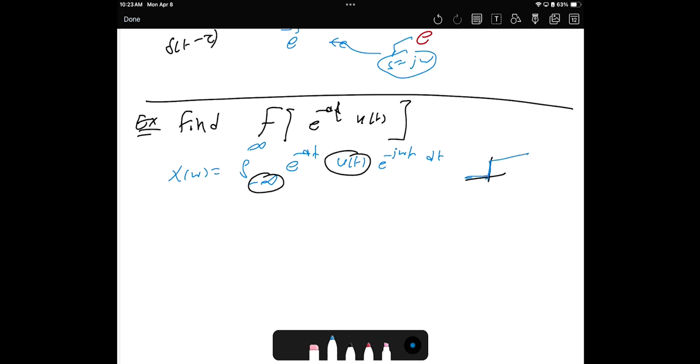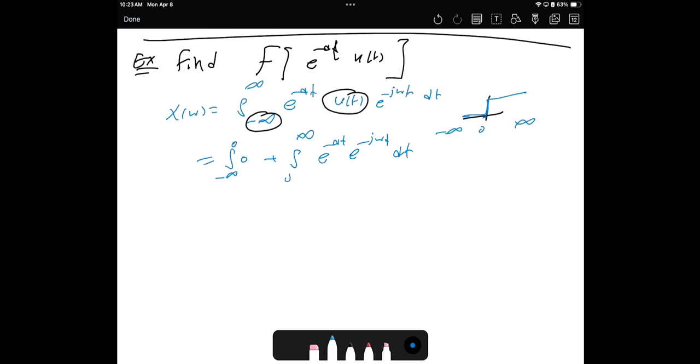From negative infinity to 0, u of t is 0, and from 0 to infinity it is 1. So it will be the integral from negative infinity to 0 which is 0, plus the integral from 0 to infinity of e to the power negative a t, with u of t equal to 1, times e to the power negative j omega t dt. Does this make sense? We just make it from 0 to infinity now.